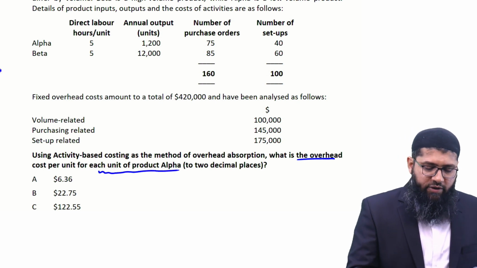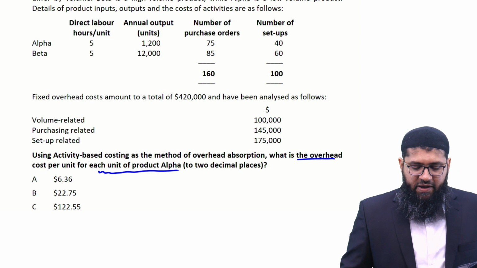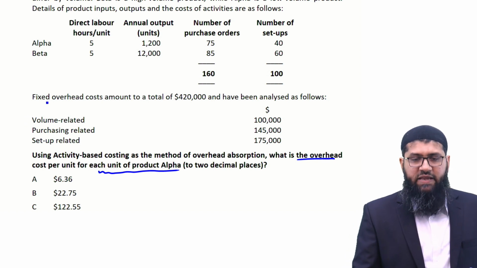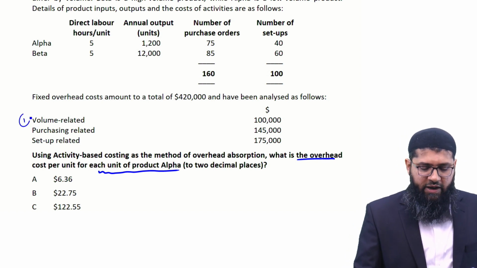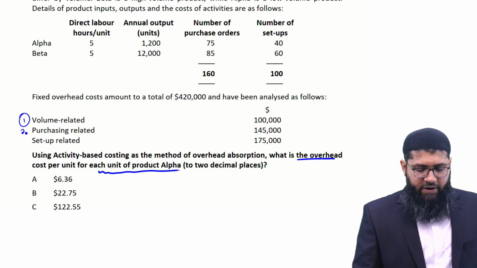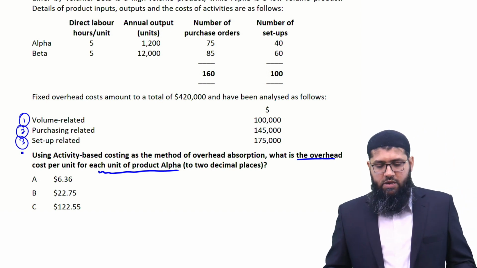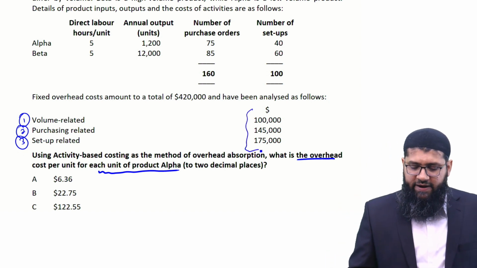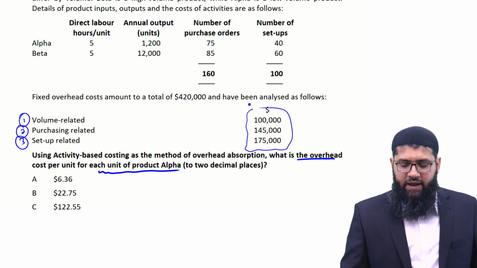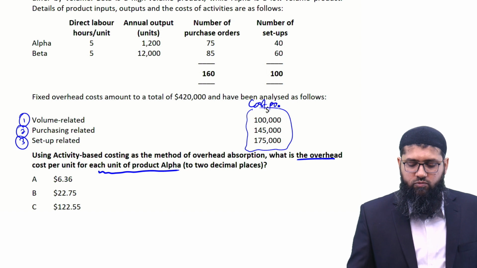Basically we are being given these 3 activities. One is volume related, one is purchasing related, and the third is setup related. The costs that have been accumulated are termed cost pools.